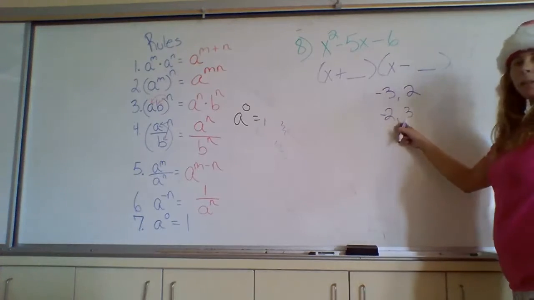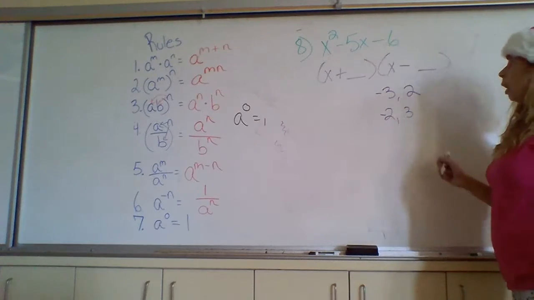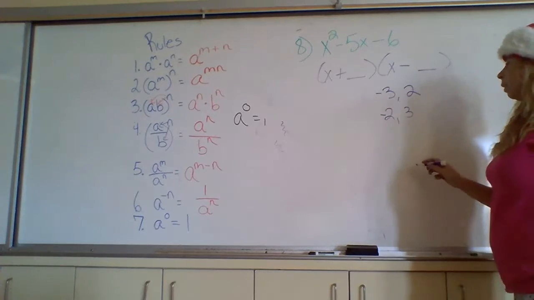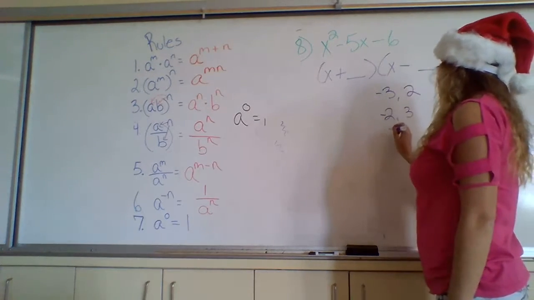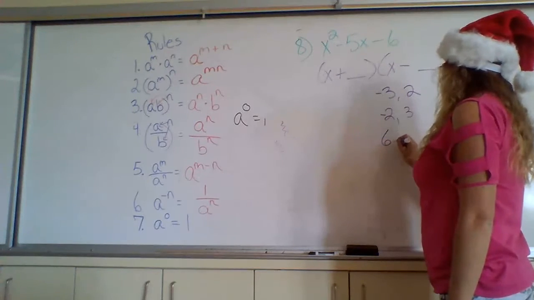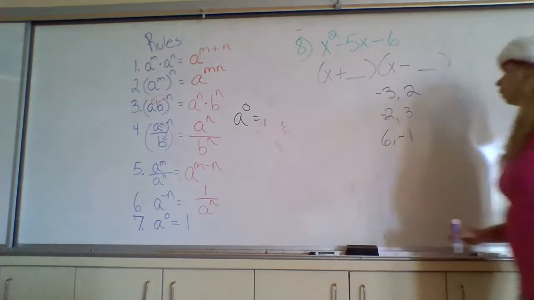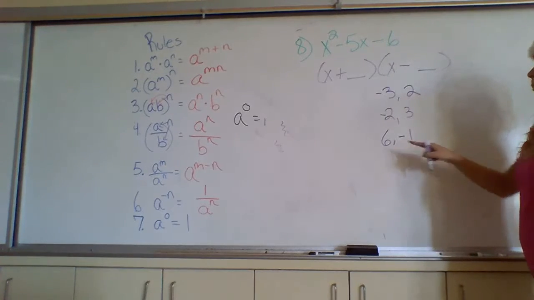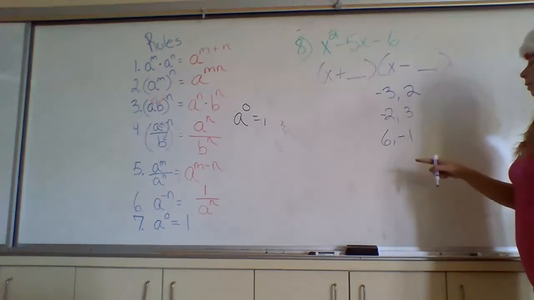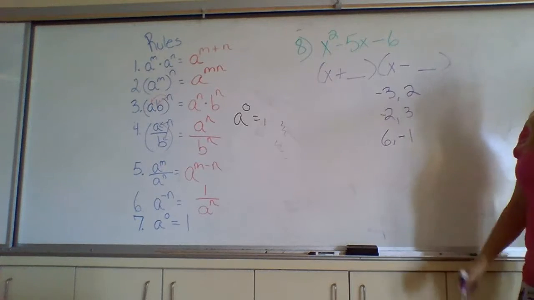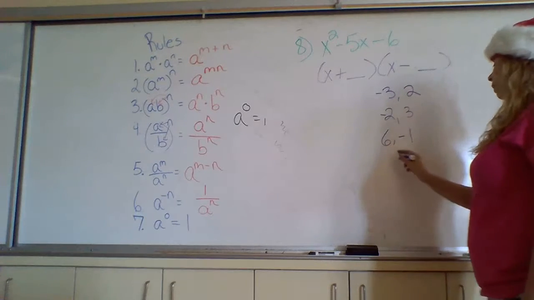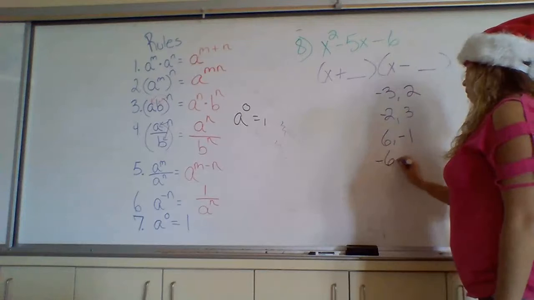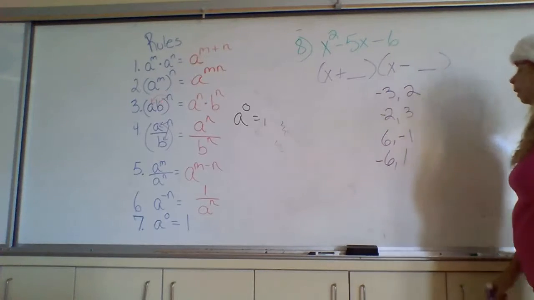Also multiply together to get -6, but they do not add up to -5. 6 and -1: 6 times -1 is -6, but 6 plus -1 is 5. So we're close, we just have to switch it. Now -6 and +1.